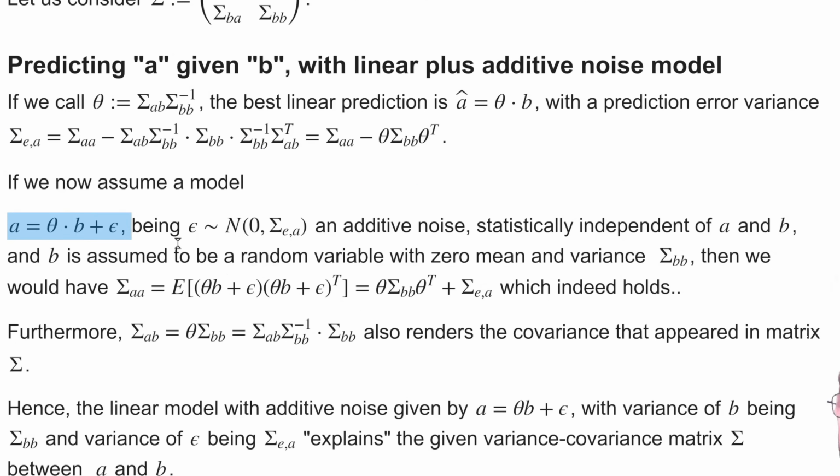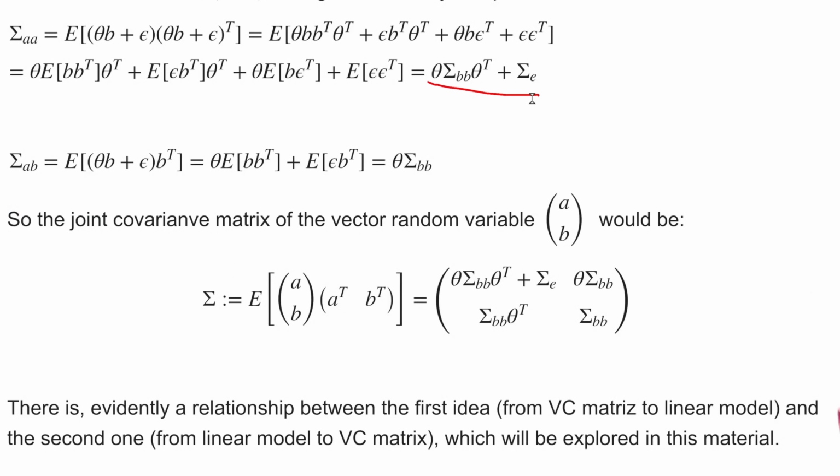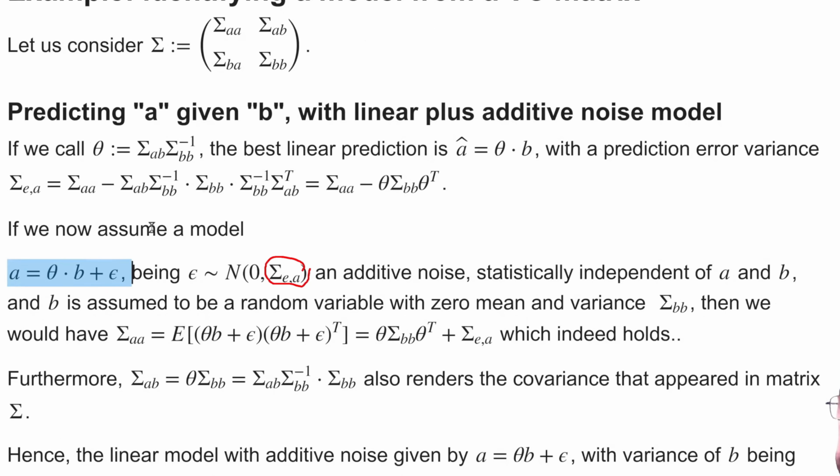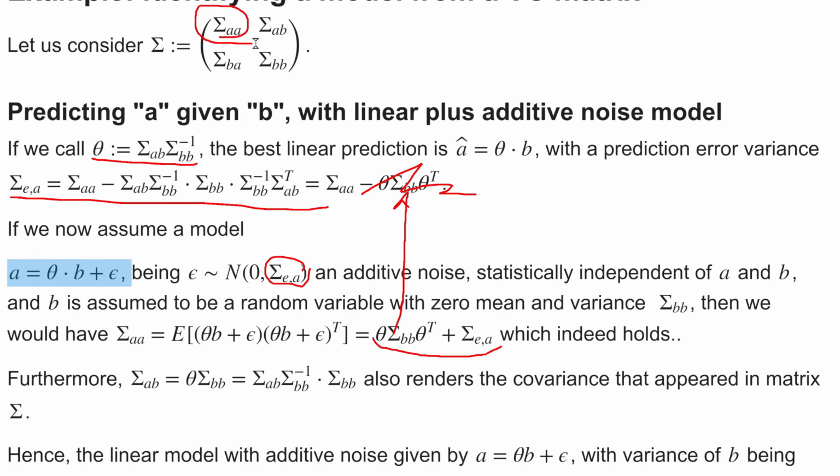So in this model, when I replace this variance and this theta exactly and carry out the operations we discussed here, if I sum theta, sigma bb, theta transposed, this will cancel out this, and in fact, yes, A will recover the original variance.